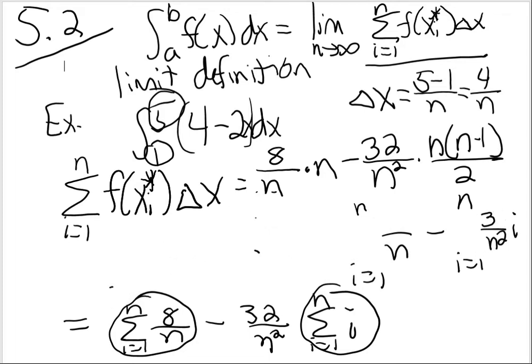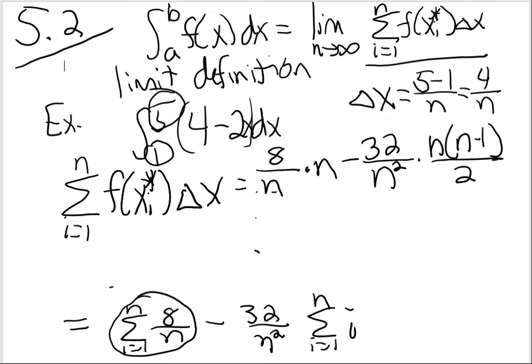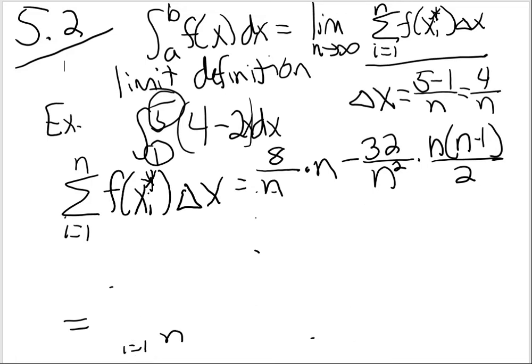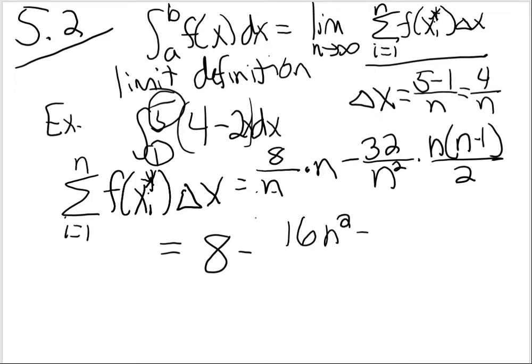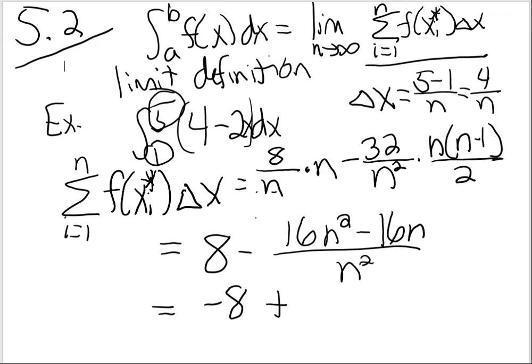And we can simplify this a little bit more into 8 minus, well, this will be 16 n squared minus 16 n over n squared, or 8 minus 16 is negative 8, and then plus 16 over n. So that's pretty simplified.